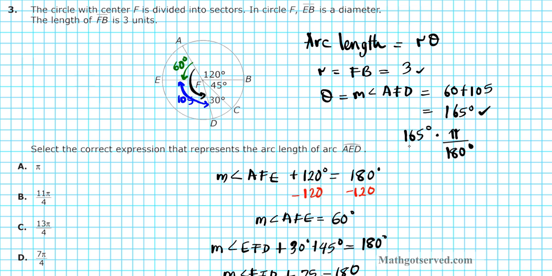That converts our degree angle measure into radians. All right, so let's go ahead and simplify this. We're going to reduce. How do we reduce this? Let's reduce by 3. Oh, we can reduce by 5.